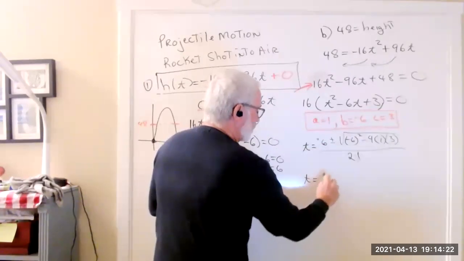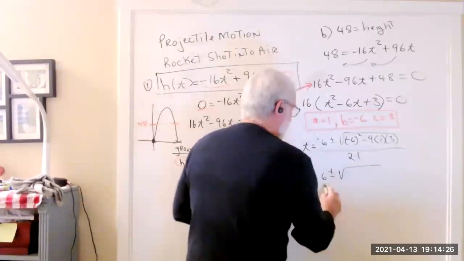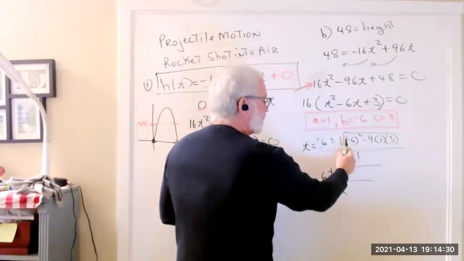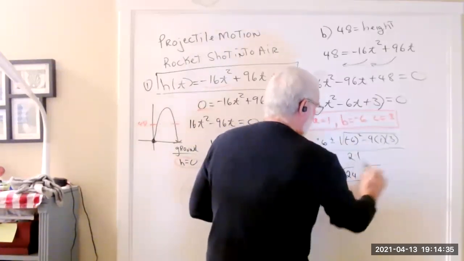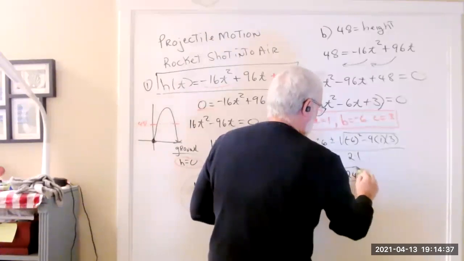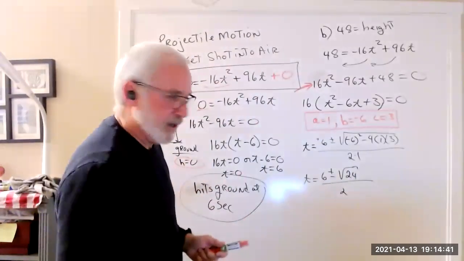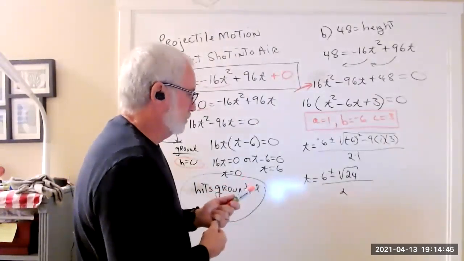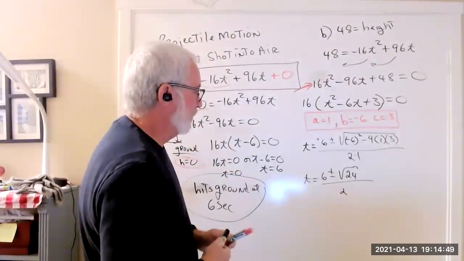So t equals 6 plus or minus, okay, a little bit of algebra here. That's 36 minus 12 is 24. So you should have 24 inside that radical. Okay, we're not done by a long shot.